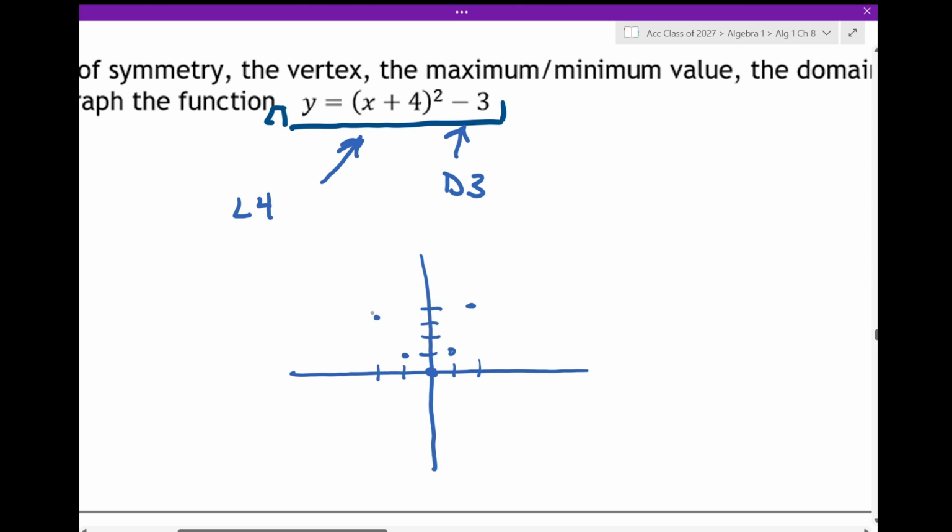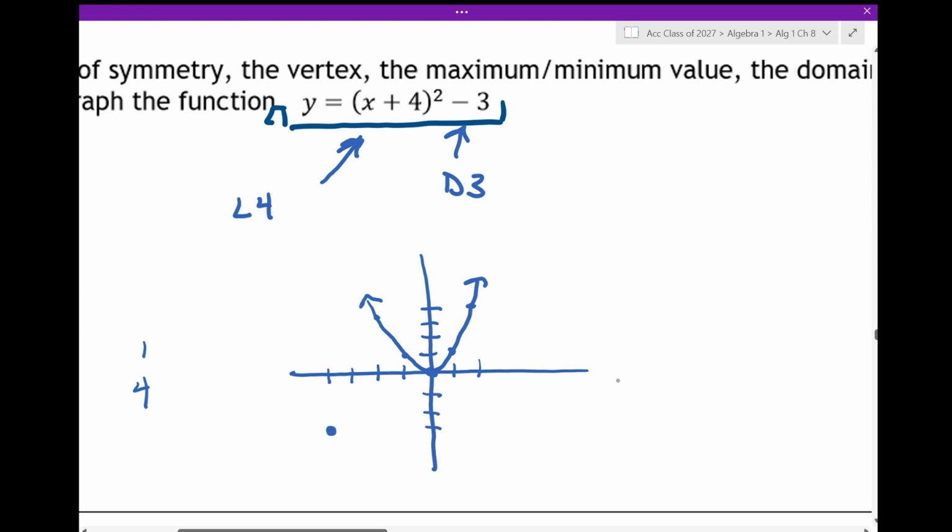There's our nice parent. We remember the numbers 1 and 4. We've used that before, and we're going to use that again today. So we go left 4 and down 3. So I go left 1, 2, 3, 4, and then down 1, 2, 3. So our new vertex is right there.